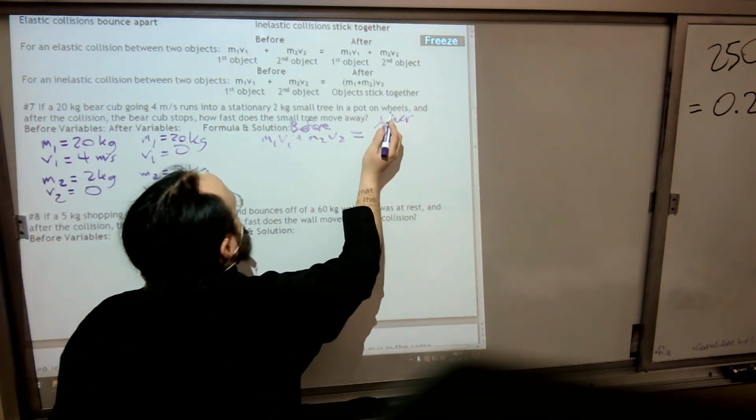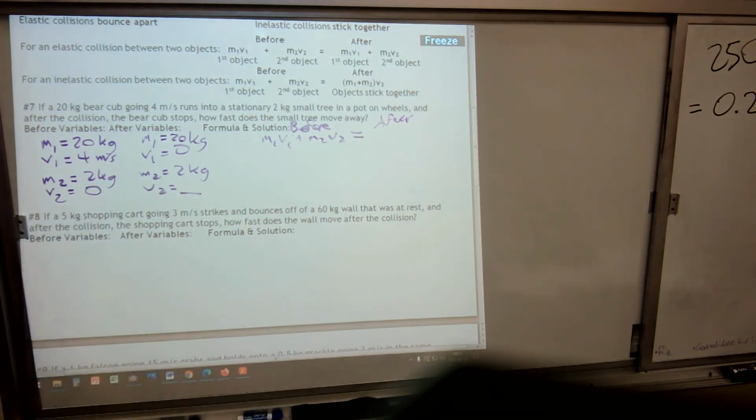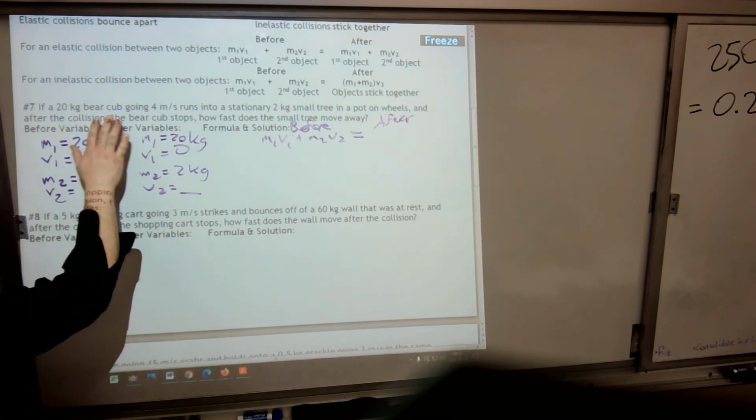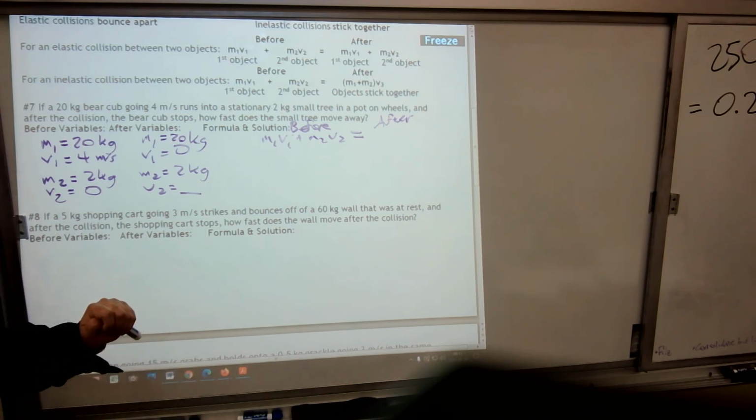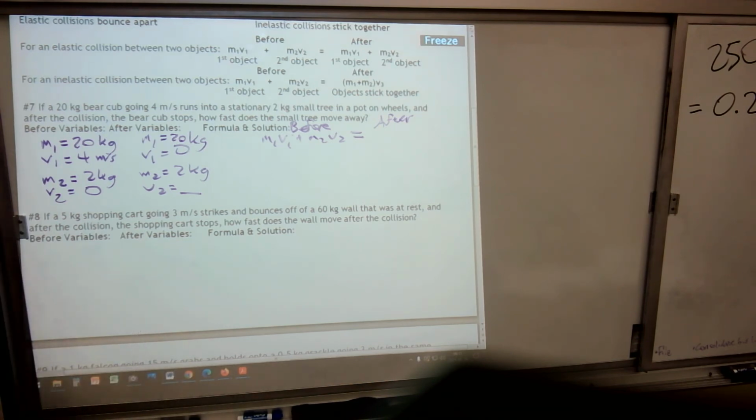This doesn't say that it bounces apart. When you're figuring out which is elastic and which is inelastic, it won't always say they bounce apart or stick together. But it does say that after the collision, this one stops and this one moves away, so you can tell they're separate afterward. That's how you know it's elastic, because there are two objects after and they're not stuck together.